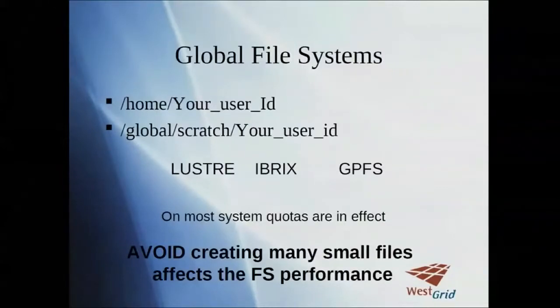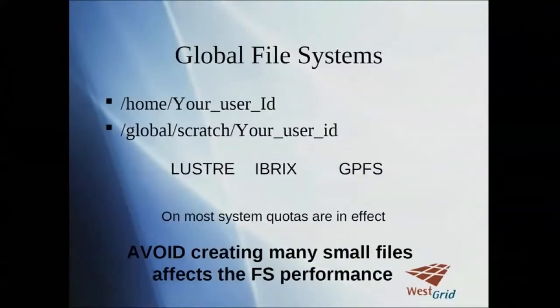On every single system within WestGrid, we are introducing quotas. So basically, you have a limited number of files and a limited amount of space. Again, more details are listed on our webpage. Every system has a slightly different number of files and a slightly different amount of disk space, depending on the total capacity of the file system you are working with.